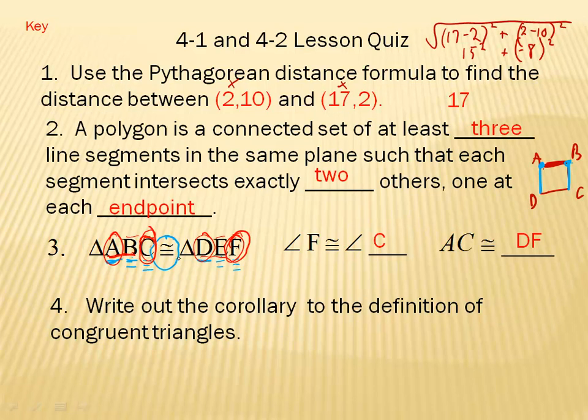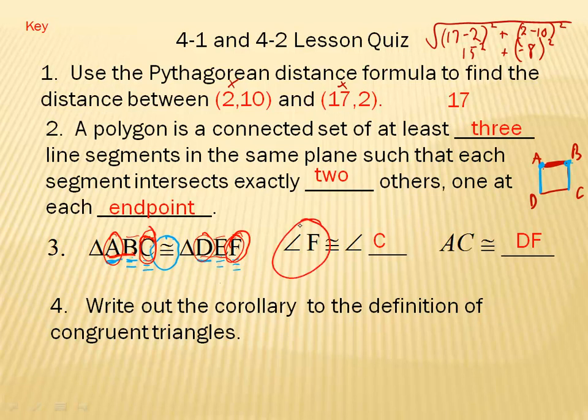Alright, so this is a congruent statement, and it allows you to determine what the corresponding vertices are, what the corresponding sides are. Later on in the course, when we get to similarity statements, you're going to get the same type of thing here. It always matches up in order, corresponding vertices and corresponding side lengths. So you must remember that, because sometimes you're going to be asked to identify.